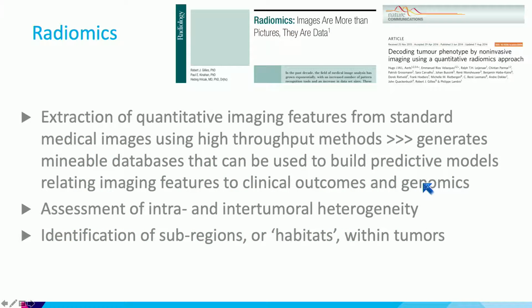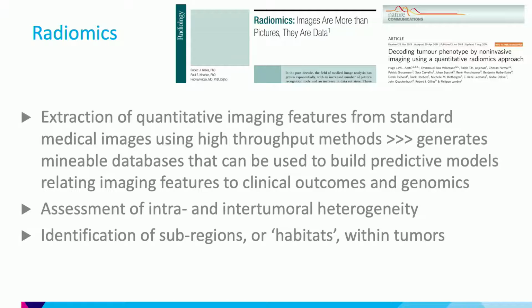So initially, the word radiomics was coined by our colleagues in RadOnc, in radiation oncology, but it's been adopted by imaging scientists mostly. And what is radiomics? Radiomics is basically the way where you extract quantitative imaging features from routine images, whether it's CT, MRI, or ultrasound.